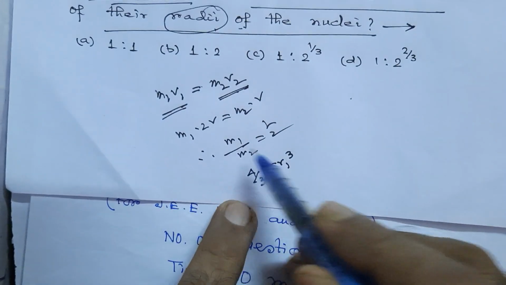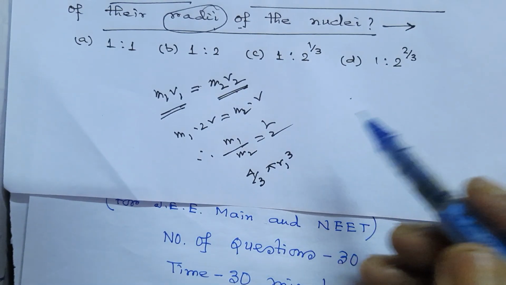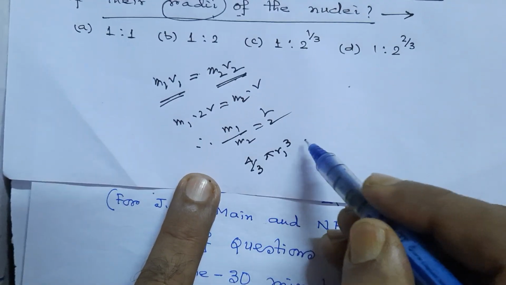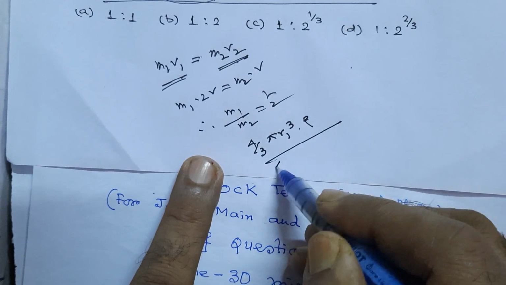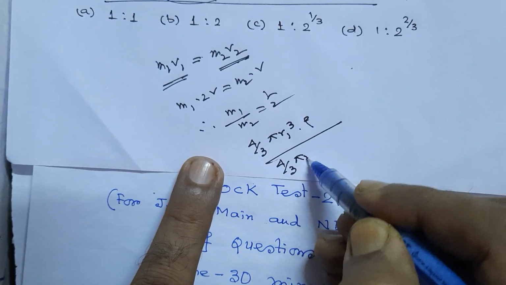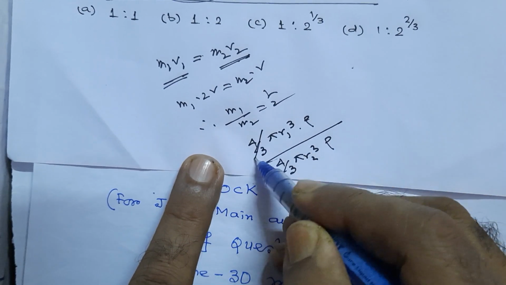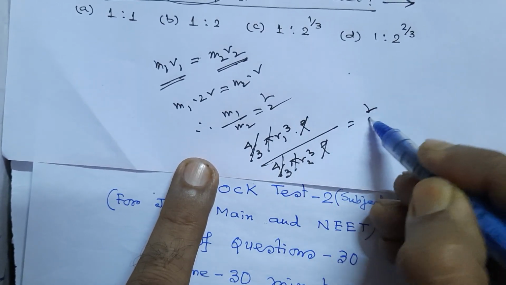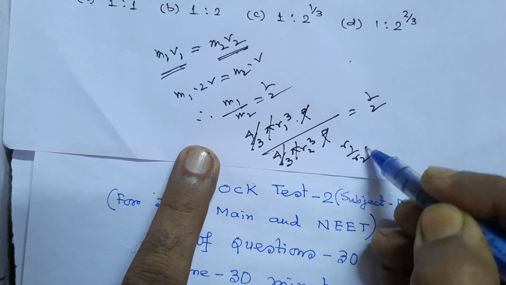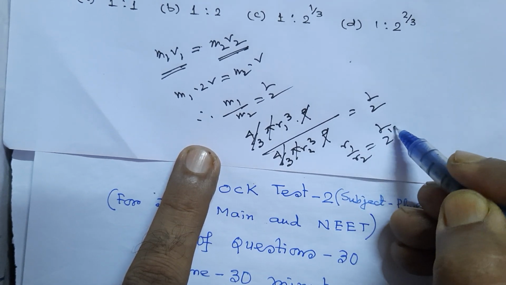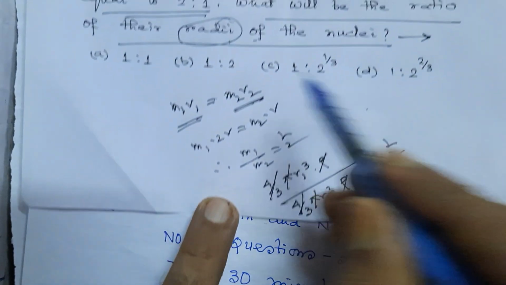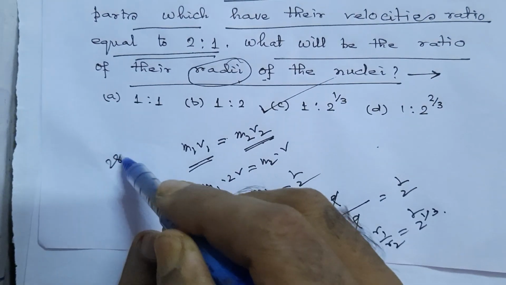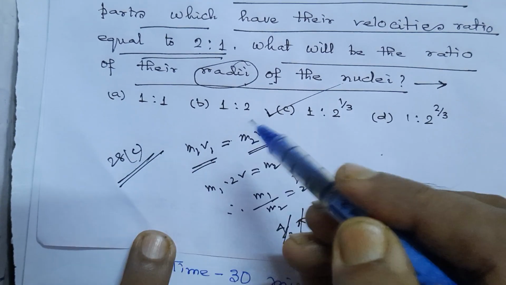For the second, it is 4/3 pi r2 cube into rho. 4/3 pi and rho cancel out, equals half. So R1 by R2 equals 1 by 2 to the power 1/3. We find this in option C. So the answer to question number 28 is C.